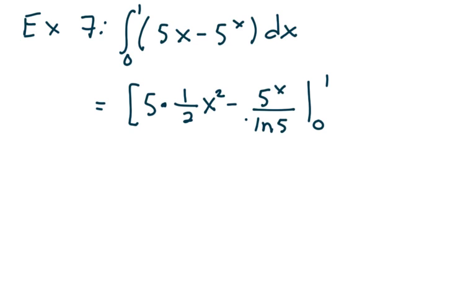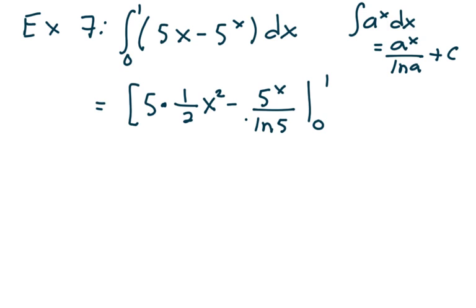So remember, when you integrate a to the x dx, this is a to the x over natural log of a plus c. So remember, we're going to go backwards. So we divide by natural log of 5.